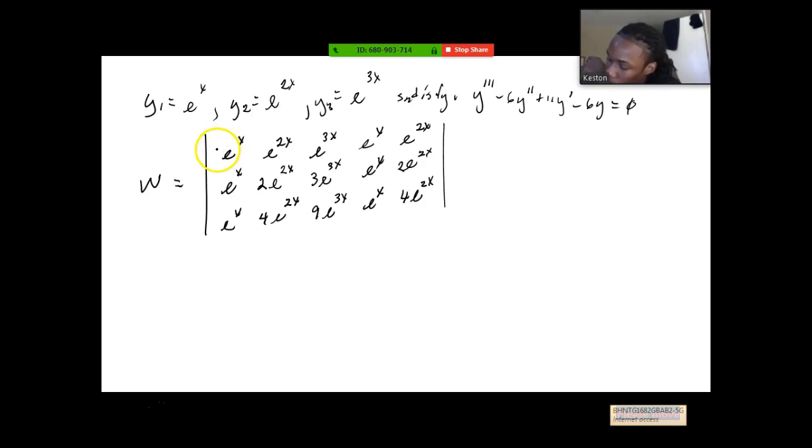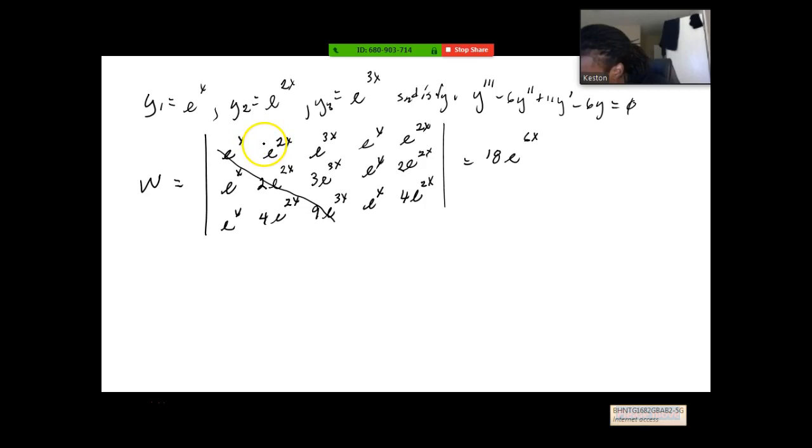Do your down diagonal, and that would be 2 times 9, which is 18. Then multiply those e's together, and you get e to the 6x, because when you're multiplying the same base with different exponents, you keep the base and add the exponents.